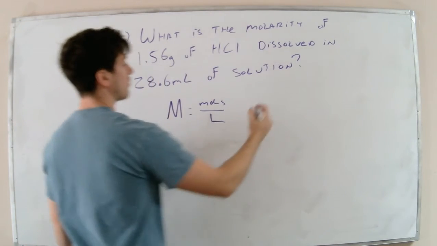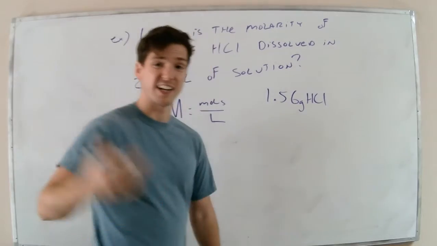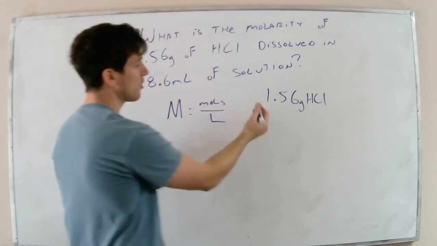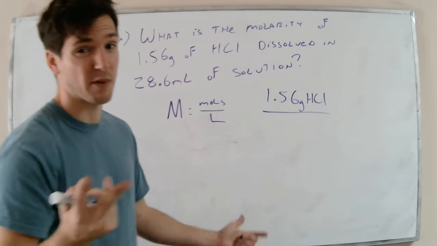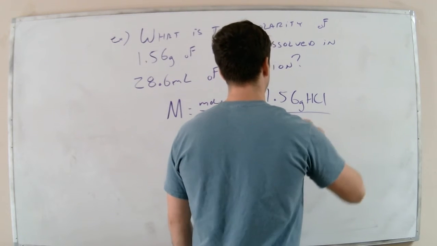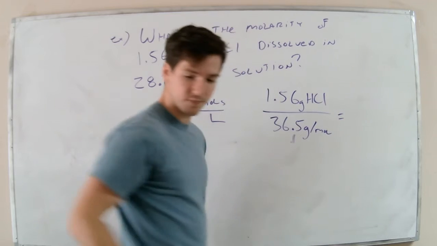We know we got 1.56 grams of HCl. Well, we just got to convert that to moles by dividing by molar mass. And the molar mass of HCl, hydrogen is 1, chlorine is 35.5. So the molar mass of HCl is 36.5 grams per mole.